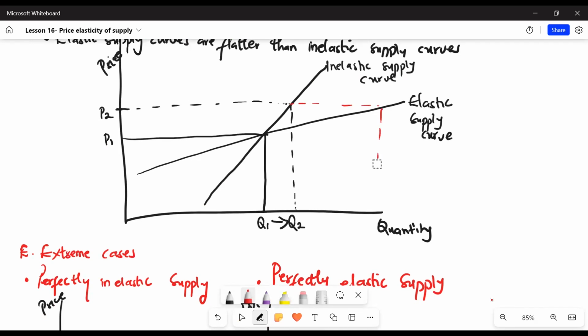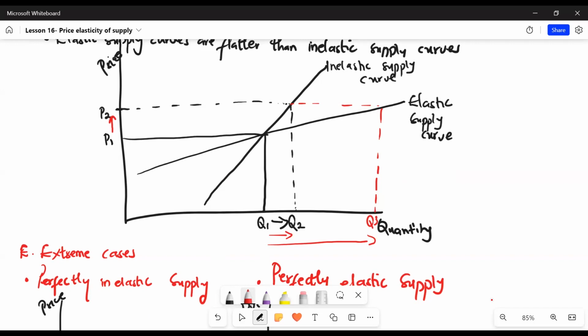You realize that quantity supplied now increases to, say, Q3. So the same increase in price will induce a smaller change in quantity supplied if the supply curve is inelastic. However, it will induce a much larger change in quantity supplied if the supply curve is elastic.